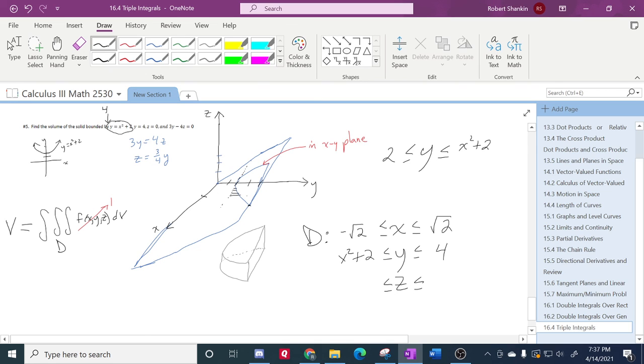If we're on this graph, it's up to 4. So then up to 4. How about 4 minus x squared plus 2? 4 minus x squared plus 2, as the upper bound.